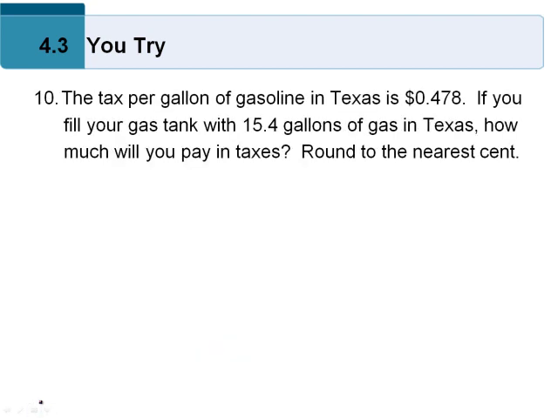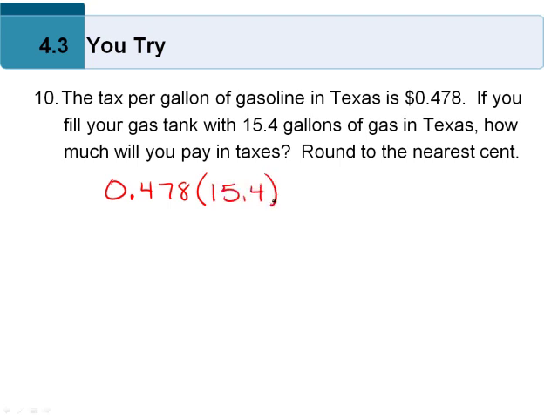Number 10. The tax per gallon of gasoline in Texas is 0.478. If you fill your gas tank with 15.4 gallons of gas in Texas, how much will you pay in taxes? Round to the nearest cent. So we have 15.4 gallons and the tax is 0.478 per gallon. So we're going to multiply 0.478 times the 15.4 gallons.